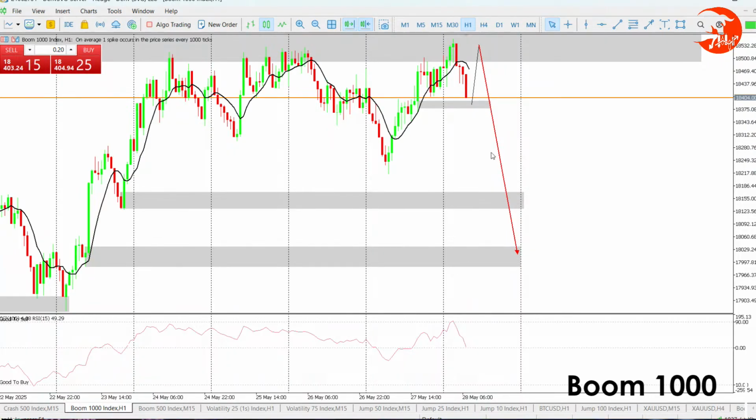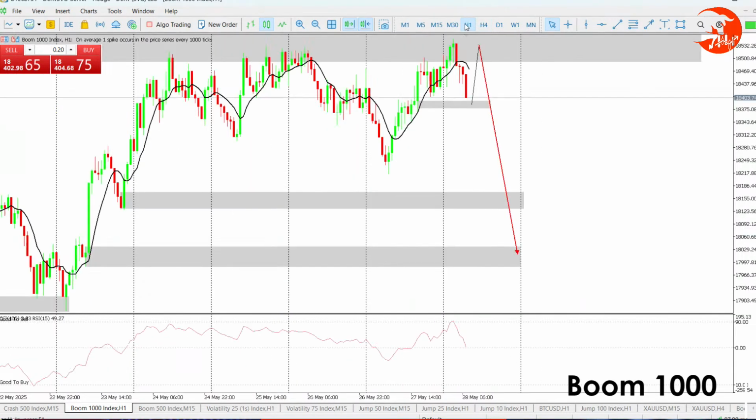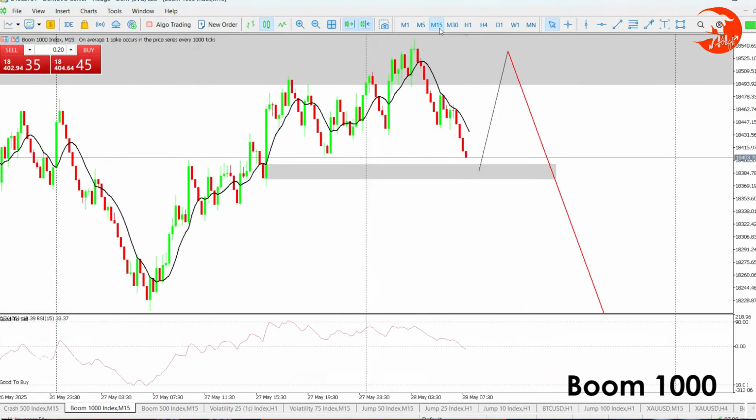So just have those two levels waiting. But for now, I know that price is not going to continue like this. We may see a retest on the next H4, then we can come in with sales later. So for now, let's wait and see what price is planning to do right here.